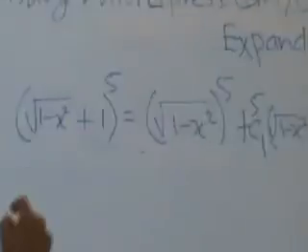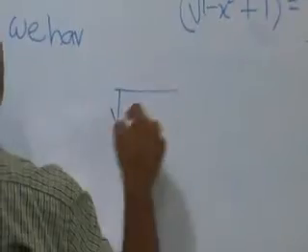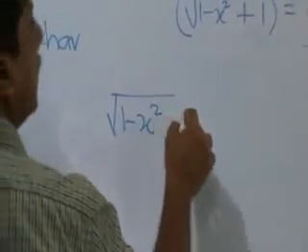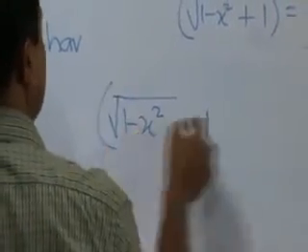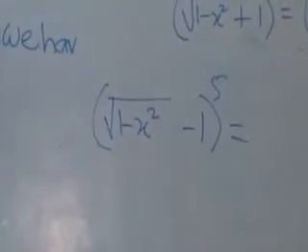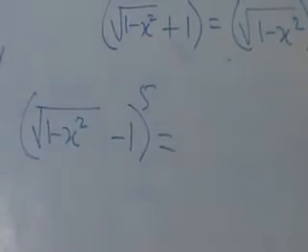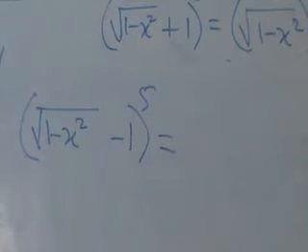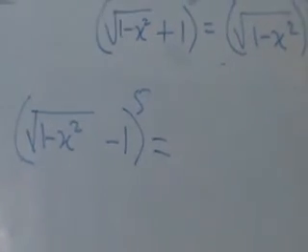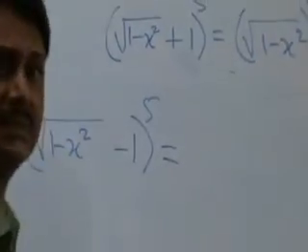Now, can we repeat this? Root 1 minus x square minus 1 to the power 5. Though the whole thing is written here, can we repeat? Only the alternate terms will become negative. The sign will change: positive, and then the next one will become negative. What will be the first term? Same.